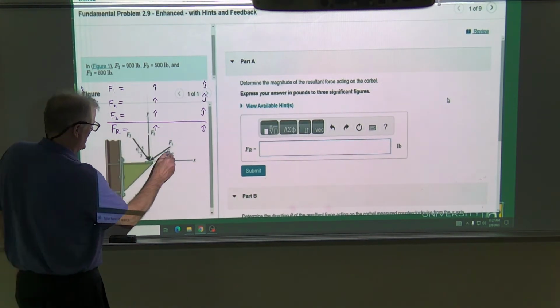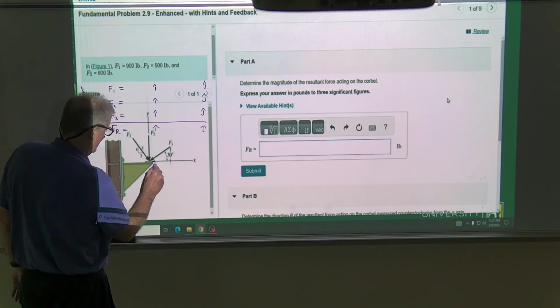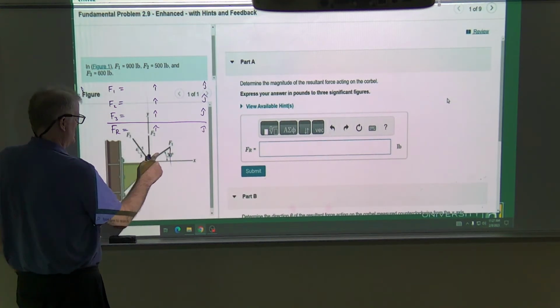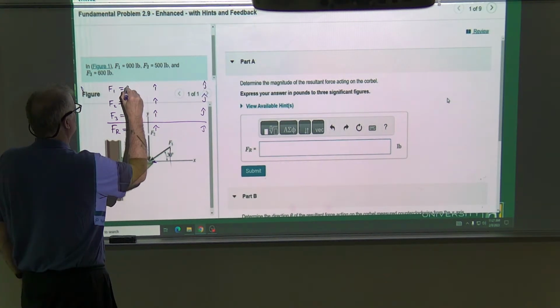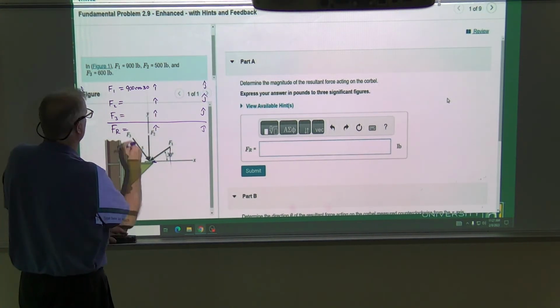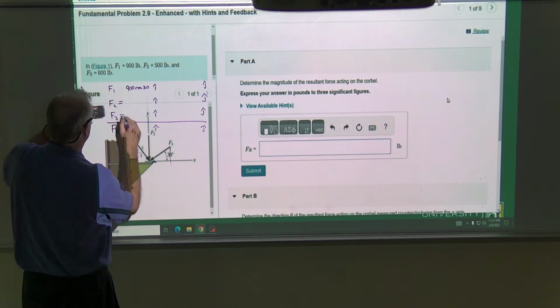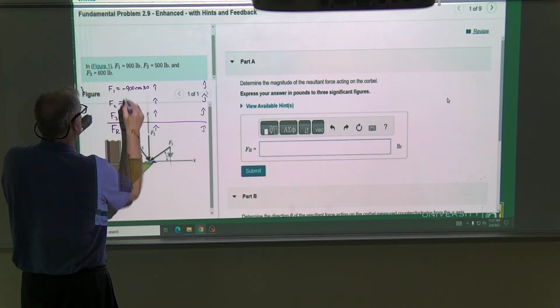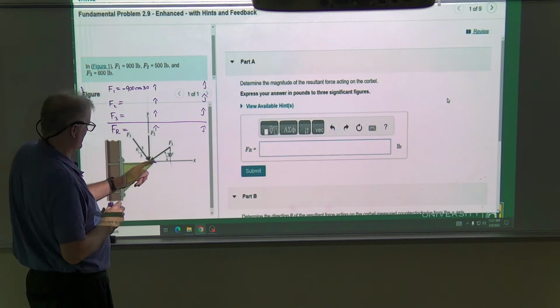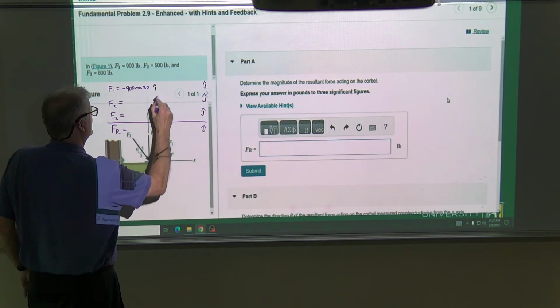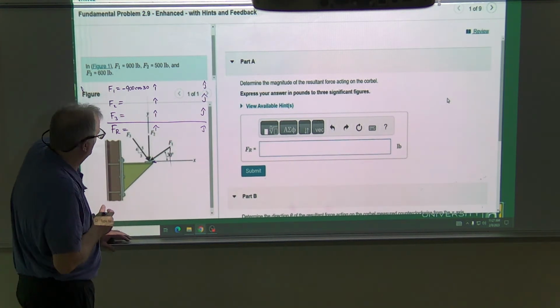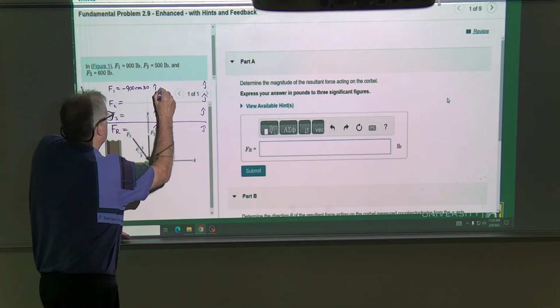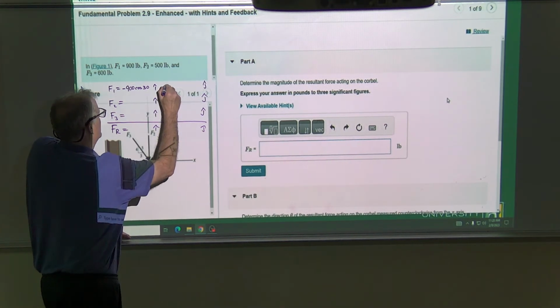Okay, this is where I think I'm projecting it here. Cosine of 30, it's F1, so it's 900 cosine 30, but it's going backwards. So I've got to kind of shoot my equal sign over here. Now, it's also going down. So to me, I look at it like, once I find the 1, I can just repeat it. It's going down.